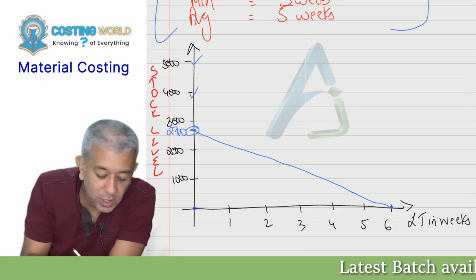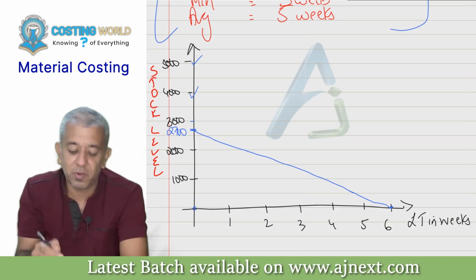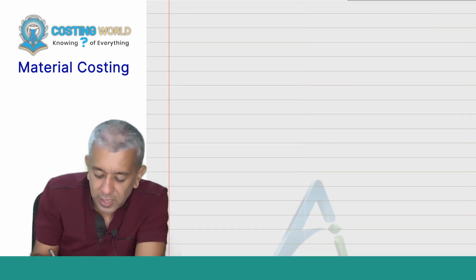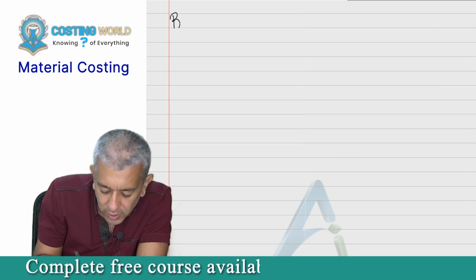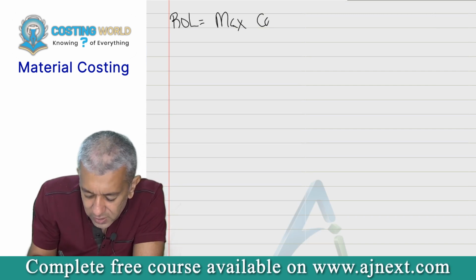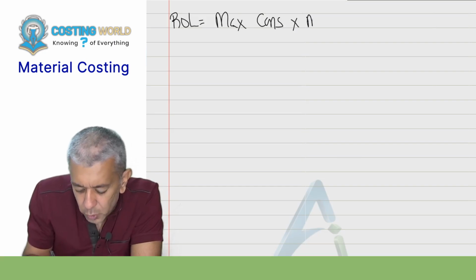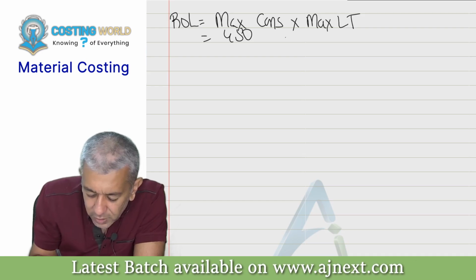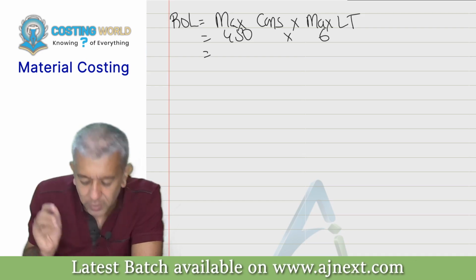So therefore 2700 is the safest level for you to be ordering. This particular level is going to be called as reorder level. So reorder level is always calculated as, please don't write, maximum consumption into maximum lead time. That is nothing but 450 into 6, that is nothing but 2700.